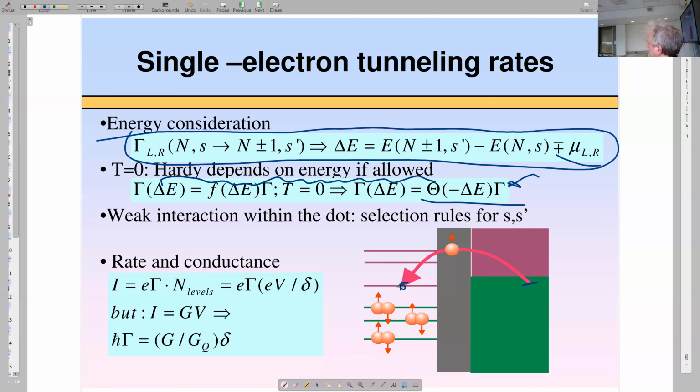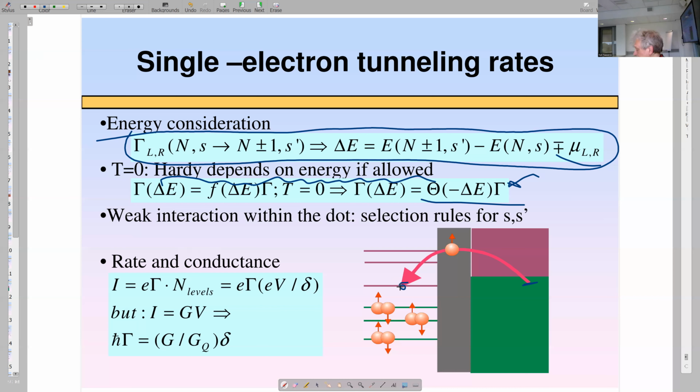Right. Let us figure out the relation between this rate and the conductance of the junction between the dot and the lead. We have looked at this formula very shortly last time, I believe. But anyway, simple things, it never hurts to repeat.